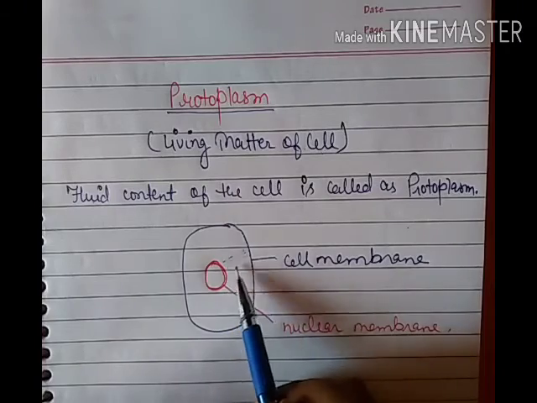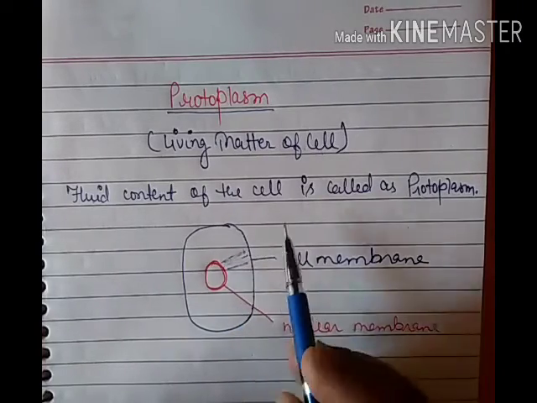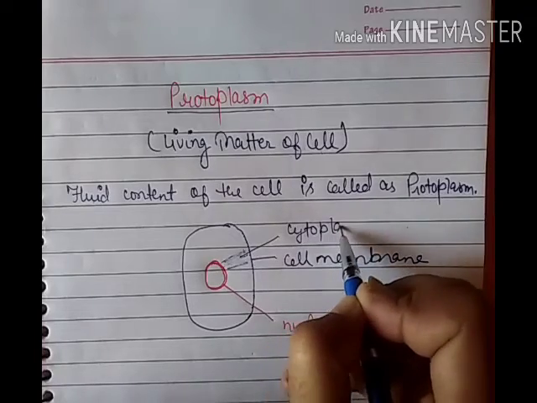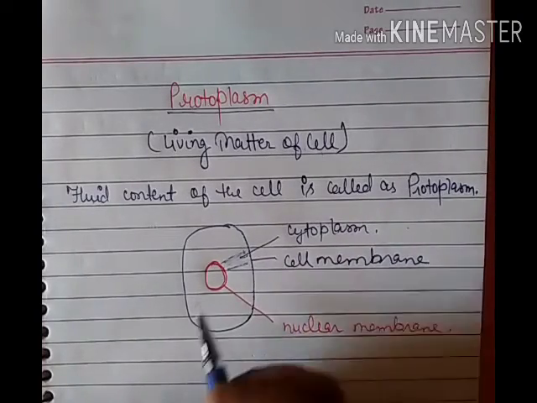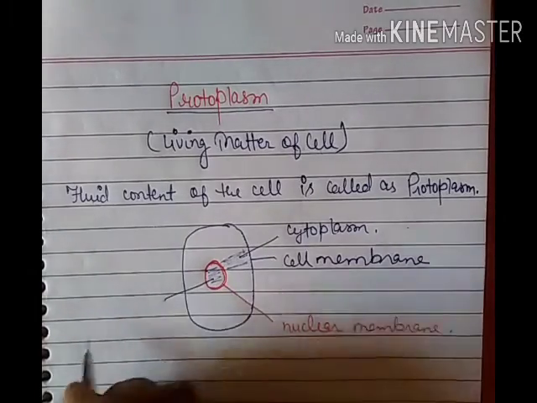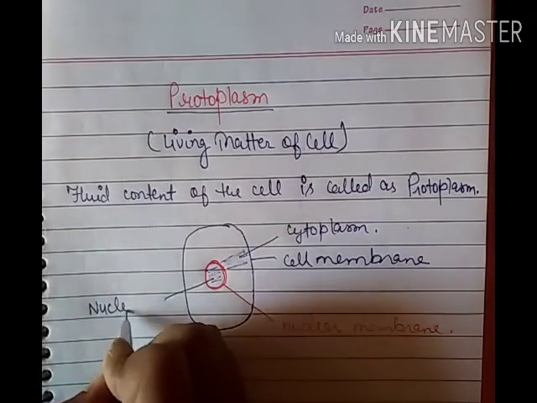The space between the cell membrane and the nuclear membrane is filled with the fluid which is known as cytoplasm. And the fluid which is filled inside the nucleus is known as nucleoplasm.